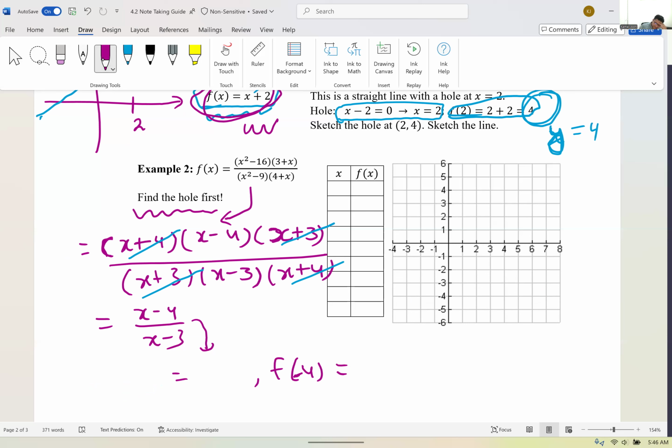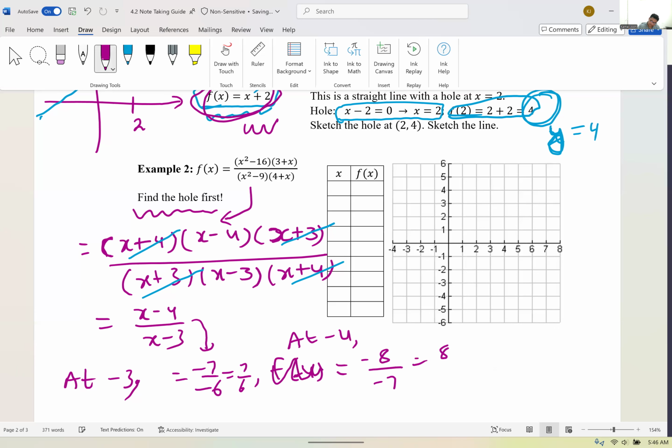Let's plug in minus 3 there. At minus 3, it will become minus 3 minus 4 is minus 7, divided by minus 6, which becomes 7 over 6. And at minus 4, it will be minus 8 divided by minus 7.